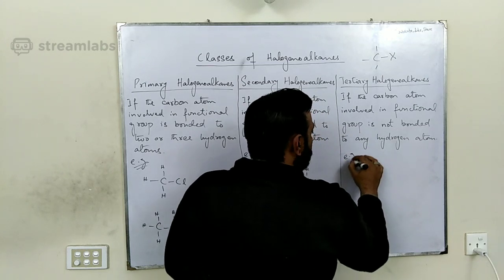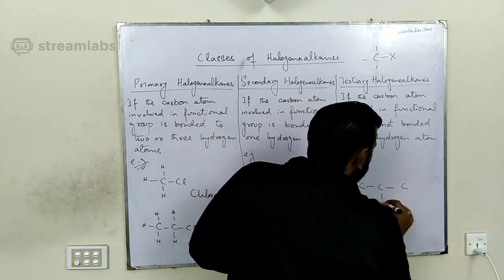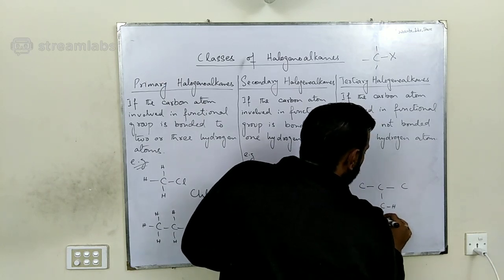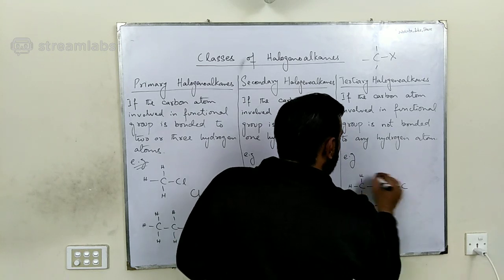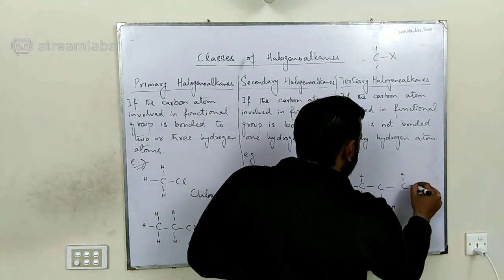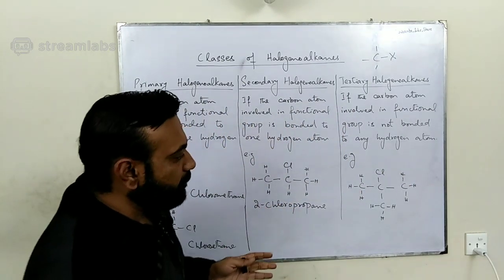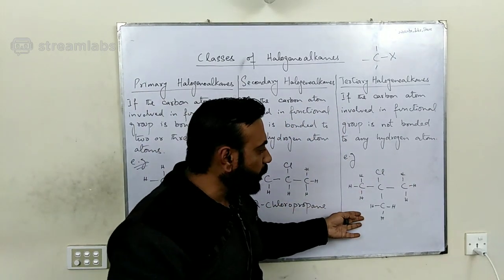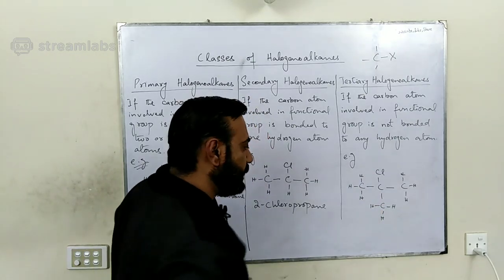Let us take an example. Again, I am drawing the displayed formula of a compound. Now, if we name this compound, it is called 2-methyl-2-chloropropane.